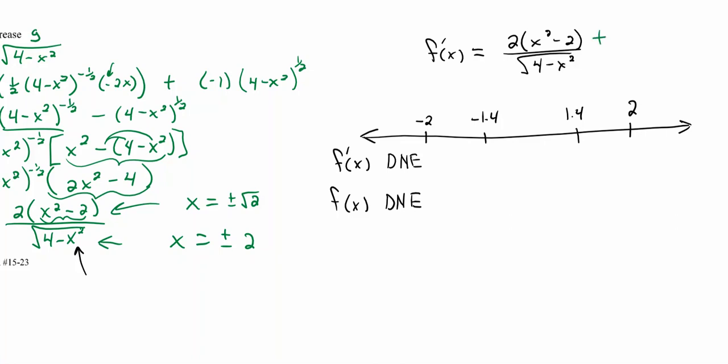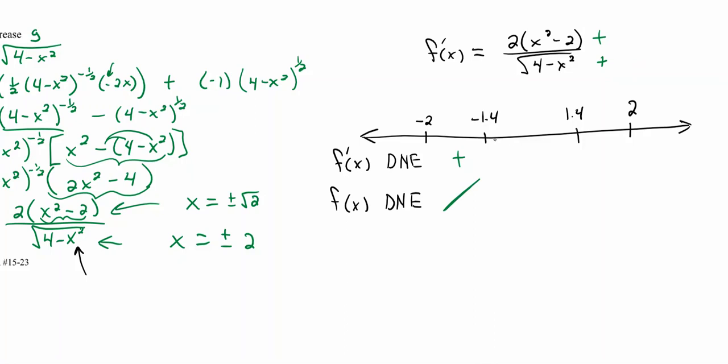And this will also be positive on the bottom because negative 1.9 squared isn't over 4. So 4 minus a number less than 4 is going to be positive. So in this interval, it's going to be positive, which means this is going to be increasing for f of x.